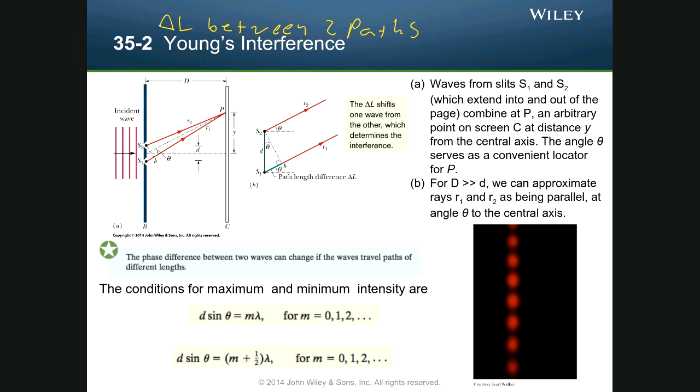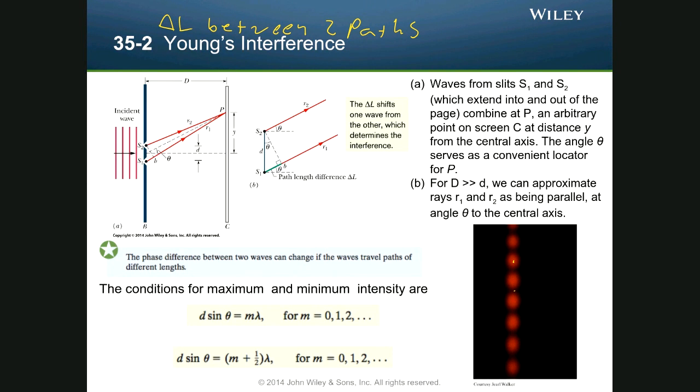So with light, what would you expect to happen with constructive interference? Right, and destructive cancels. Brighter, good. So you'll notice that these points represent constructive interference, and these points represent destructive interference.